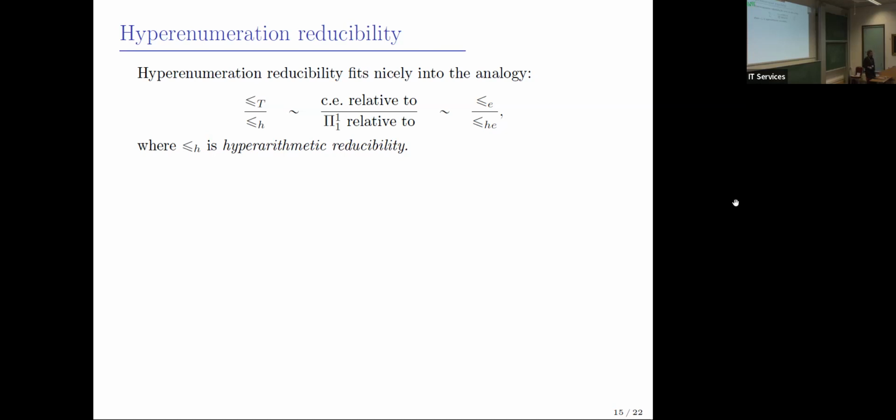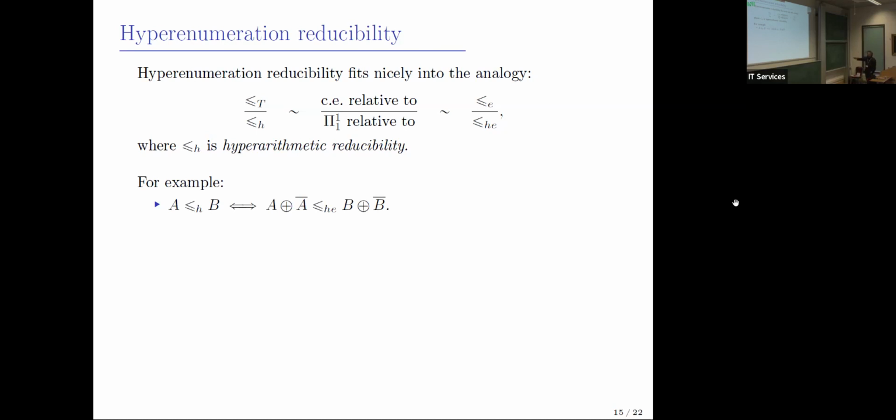For example, A is hyperarithmetically reducible to B if and only if A join A complement is hyperenumeration reducible to B join B complement.